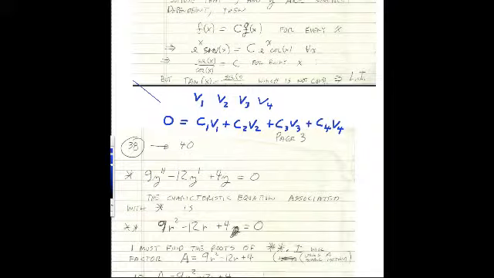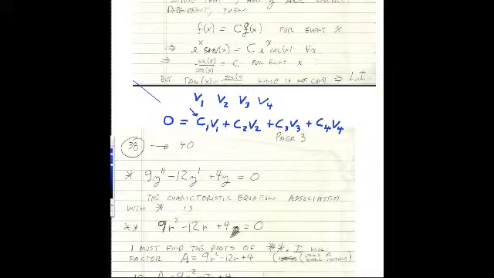The reason this equation, where the constants are not all 0, determines what we call linear dependence is this. Let's suppose that C1 is not 0. Well, then look what we can do.